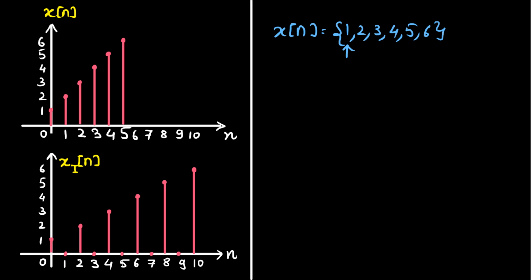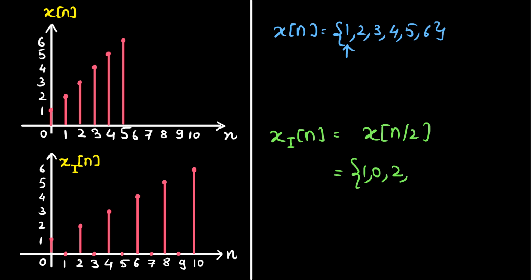So it appears something like this, and when we interpolate it using I equal to 2, so if we consider xi of n, which is equal to x of n by 2, that comes out to be 1, 0, then 2, 0, 3, 0, 4, 0, 5, 0 and 6. So this is the interpolated version, which appears something like this.